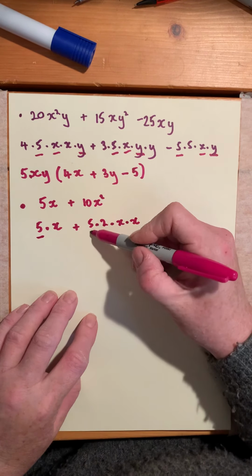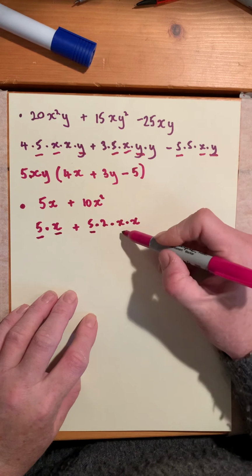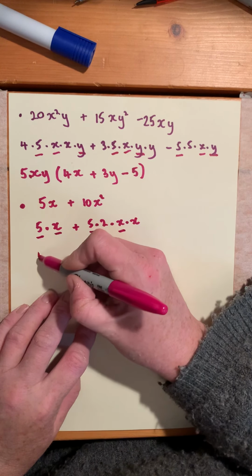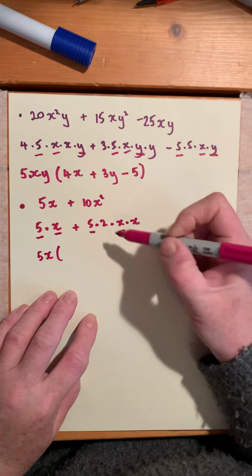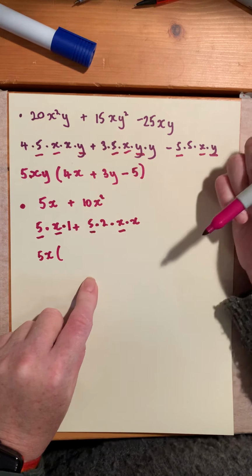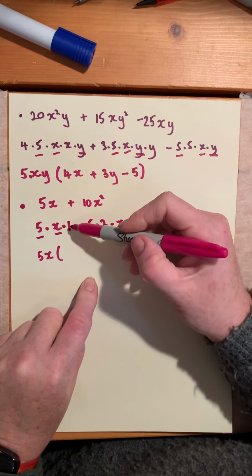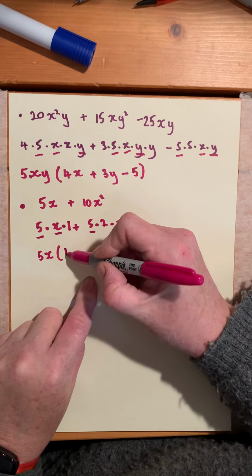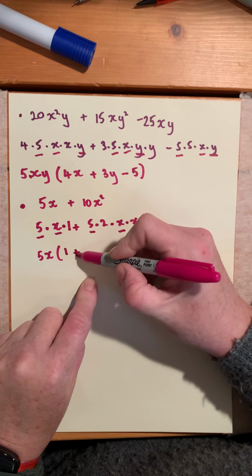Underline the common factors. Well, they've both got 5 and they've both got x. 5x goes outside the bracket. Now you'll notice there's nothing left here, so you need to consider that as a times 1 as well. That won't change the overall value, but it does leave you with 1 to put there.